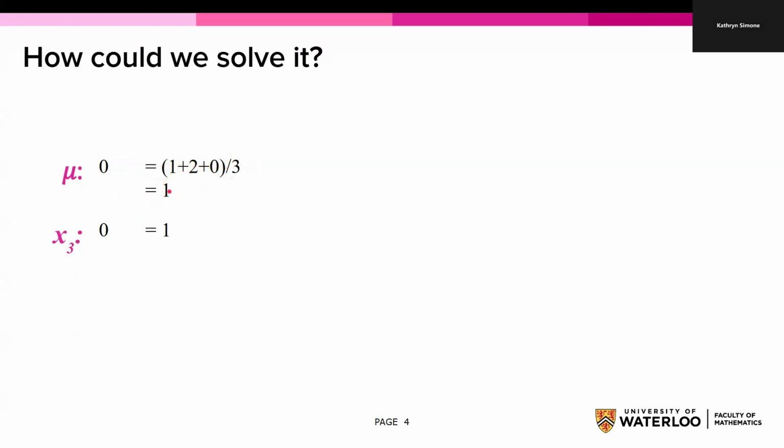Then our best guess for x3 would be 1, because we have a new mean and therefore a new most likely value for x3. But now we need to update our calculation for the mean, which would give us 4 over 3, or 1.33, which in turn implies a new best guess for x3, which in turn implies a new best guess for the mean, and so on and so forth.